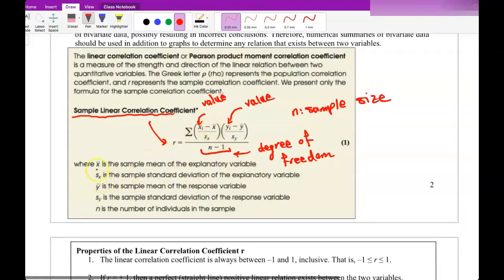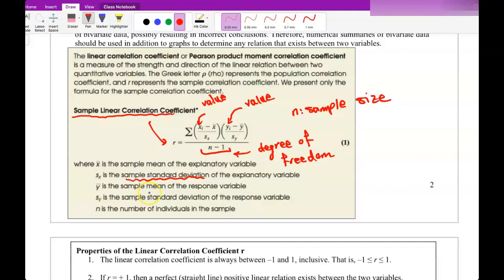And also, I have all these here. So we have x bar, the sample mean. We already know about that one. It's the sample mean of the explanatory variable. And here this s is the sample standard deviation. We had this part before. When it's s, it's the sample; when it's sigma, it's for the population.